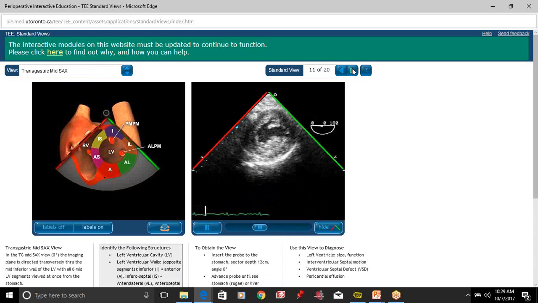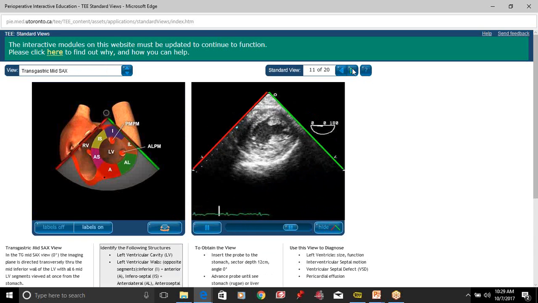This is your so-called transgastric view, very important. So you put the probe in the stomach. So you advance the probe into the stomach and you anti-flex. You anti-flex the probe. So if you have your index finger and you point your index finger upward, that's what we mean by anti-flex.